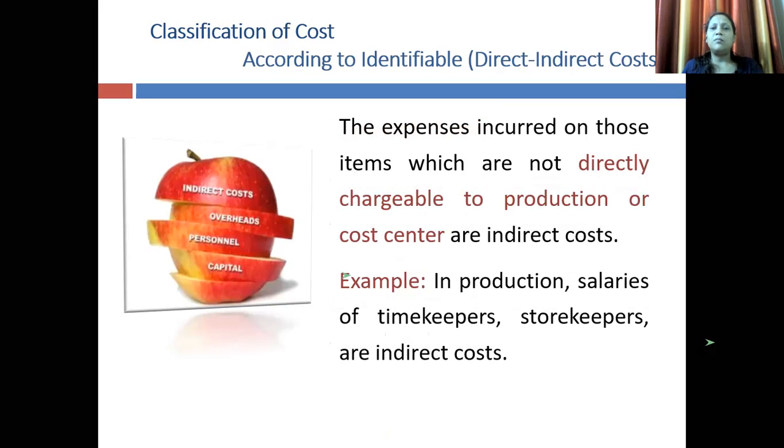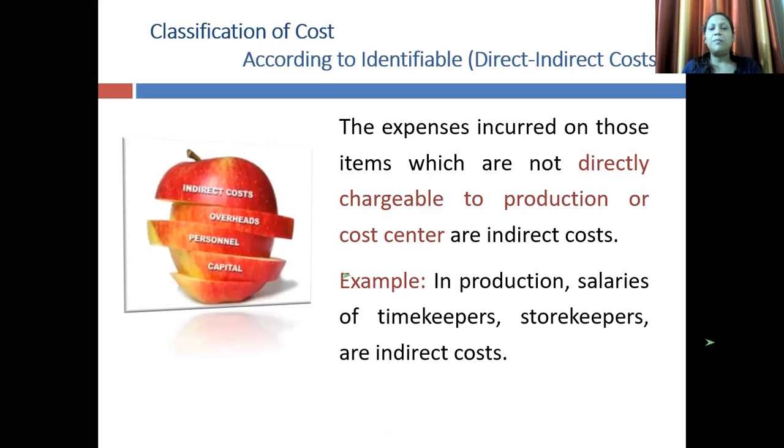An example is, say, the laborers are taking tea, biscuit during their working hours. These expenses that are not directly chargeable to production can be treated as indirect cost, but this is mandatory cost.